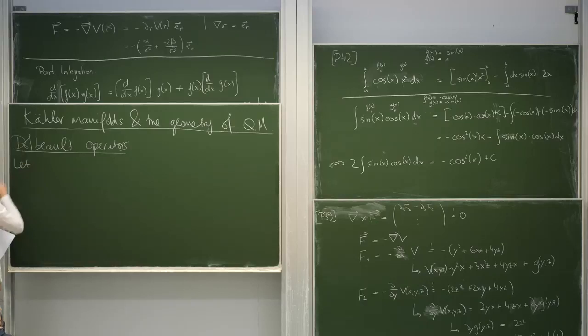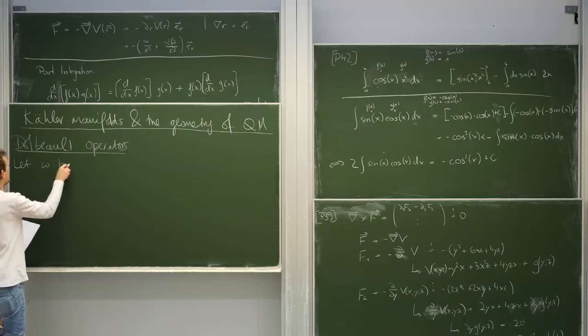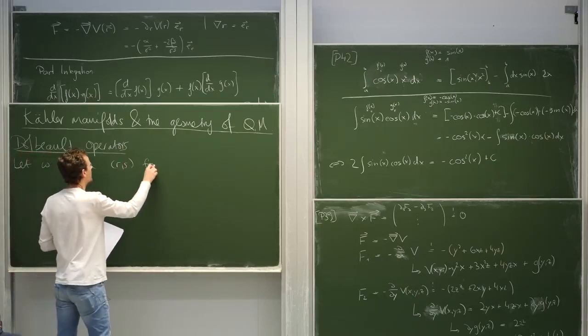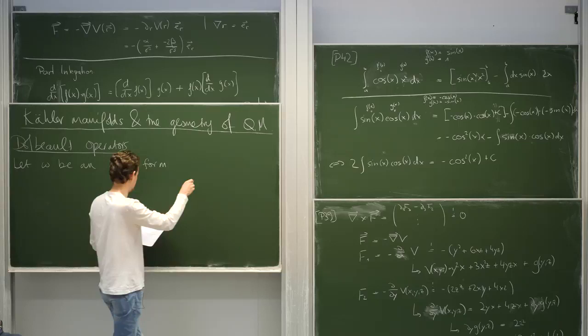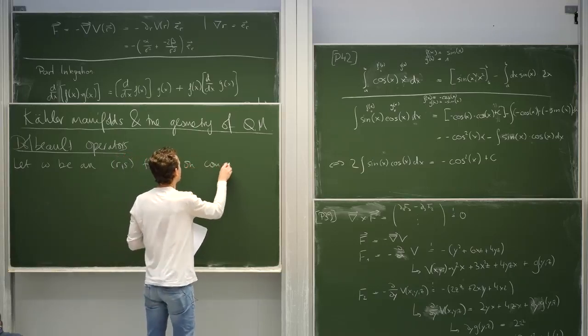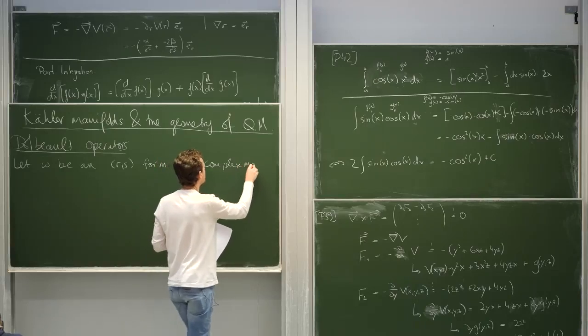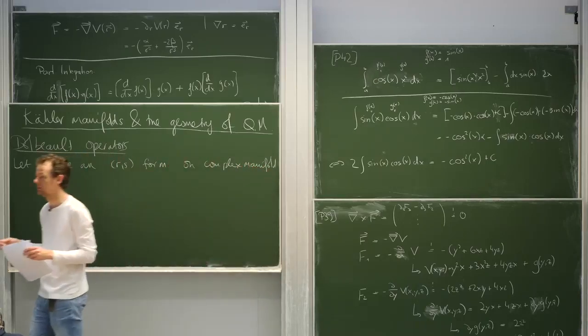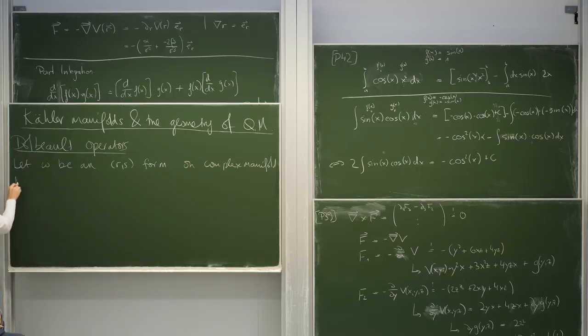So last time we heard about these things called R, S forms. So let's suppose we have an R, S form on a complex manifold M. Well, we can compute its exterior derivative.